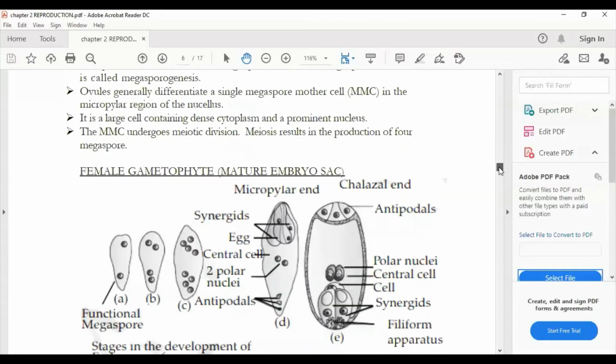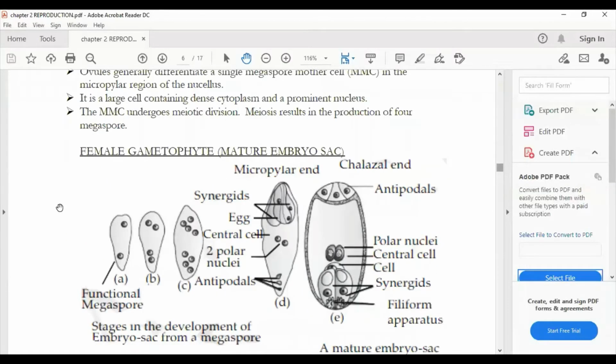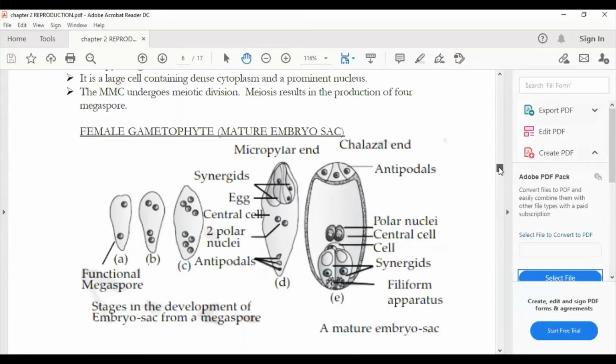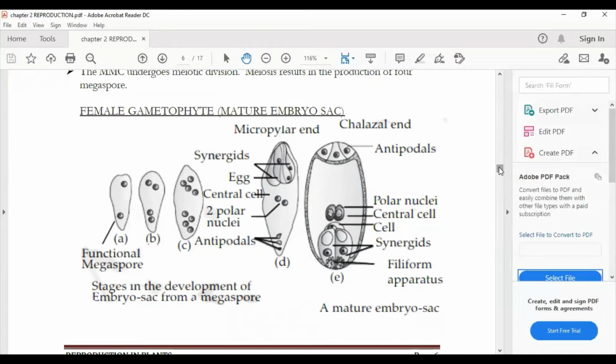But if the diagram is only asked for the female gametophyte, then you have to draw from A, B, C, D, E. Or if the question is asked as draw a diagram to show the process of division from 2, 4, 7 celled or 2, 4, 8 nucleate, then again you have to start from A and end at E. This is the diagram you have to follow.